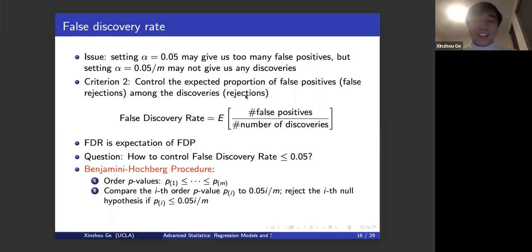Okay, let's go back to the false discovery rate example. We first introduced the Bonferroni correction, which just compares the p-values with a new threshold, 0.05 over m, where m is the number of tests, or the number of genes in this case. And here we introduce another procedure called the BH procedure, which first orders the p-values and compares the ordered p-values with the new threshold.